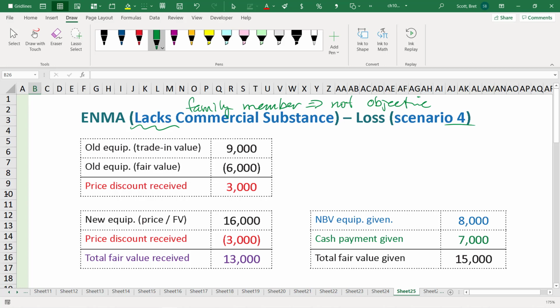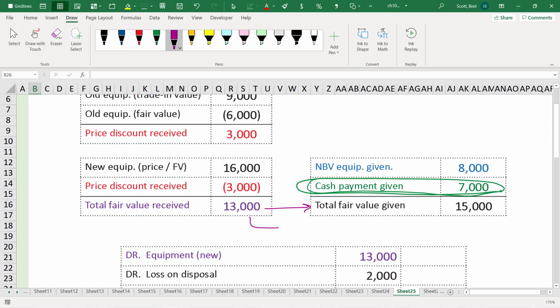Now, I'm kind of going back to the original numbers. Cash payment is still $7,000. Okay, the fair market value I receive is 13, and I compare that to the fair value given of 15. In this case, I do have a loss of $2,000. Okay, same with scenario 1.